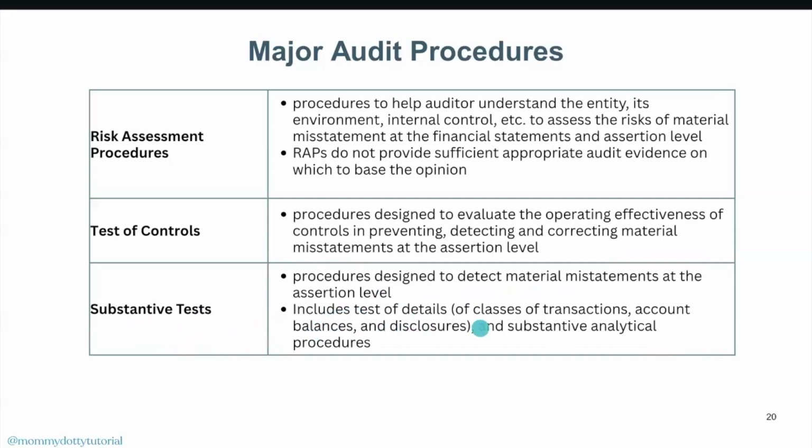It includes tests of details of classes of transactions, account balances, and disclosures, and substantive analytical procedures as well. So for substantive tests, the auditor always performs substantive testing of the financial statements.